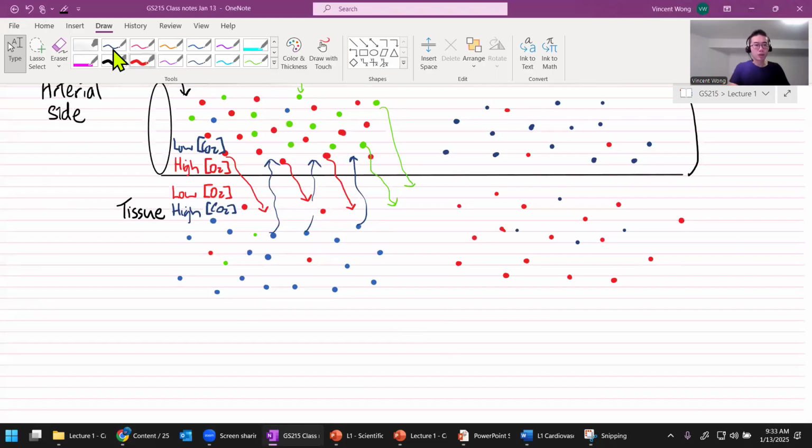All right, number two. What is the second factor that affects capillary exchange, the movement of fluid and substances across the capillary wall? It is blood pressure.